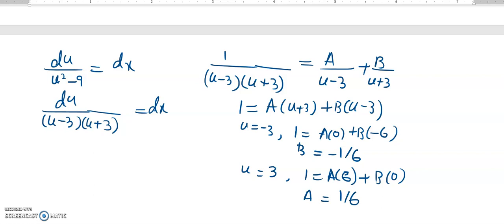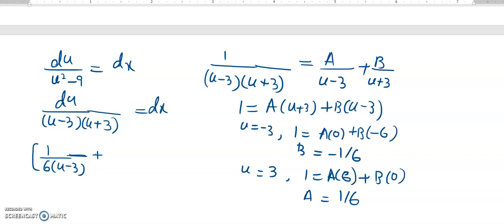So it means that I can write this in partial fraction terms, 1 over 6 u minus 3 plus b, which is minus 1 over 6.